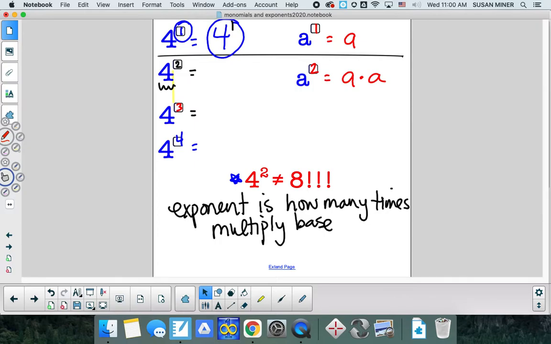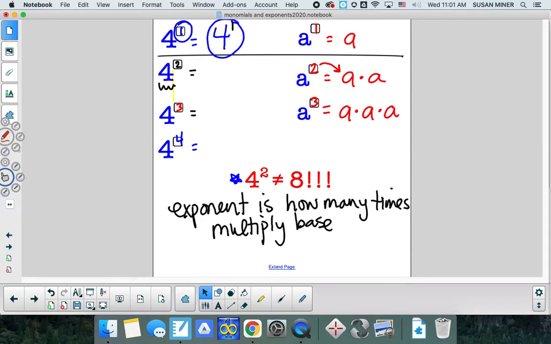If I take this exponent and factor it out, we're breaking it apart into how many a's we multiplied together to get that exponent. All right, if I have a to the third and I want to factor it out, it's just a times a times a.